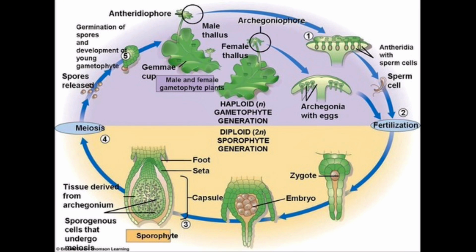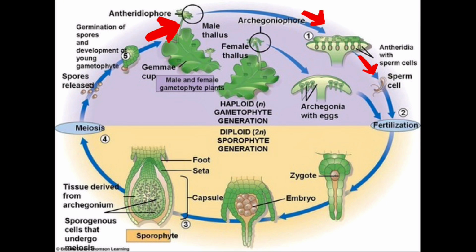On the male thallus, there is an antheridiophore, and on the female thallus, there is an archegoniophore. The antheridiophore produces antheridia, in which biflagellated antherozoids are present, and the archegoniophore produces archegonia, in which a single egg cell is present.